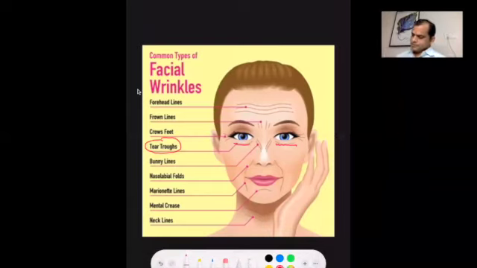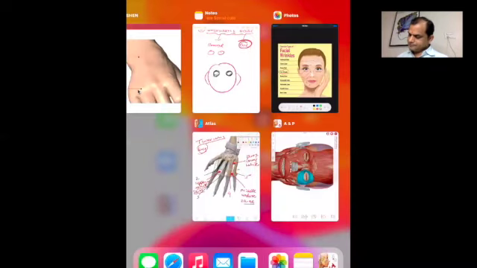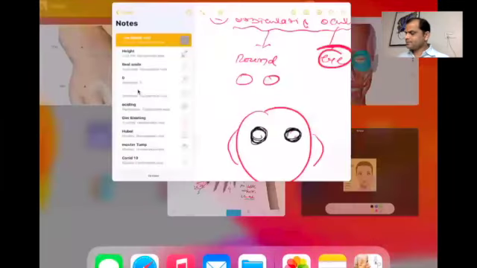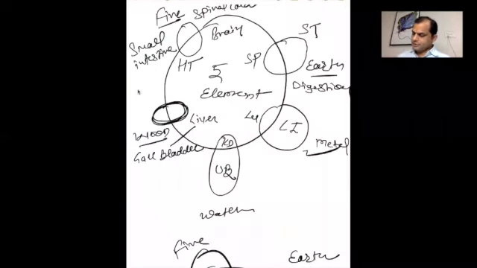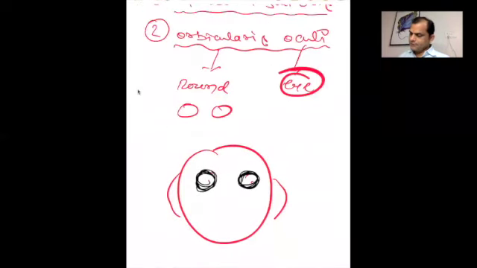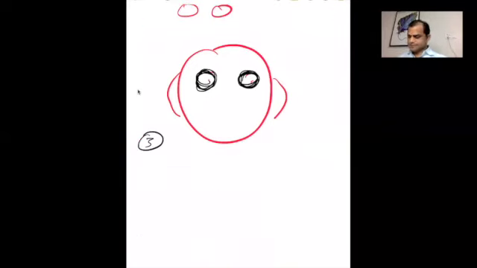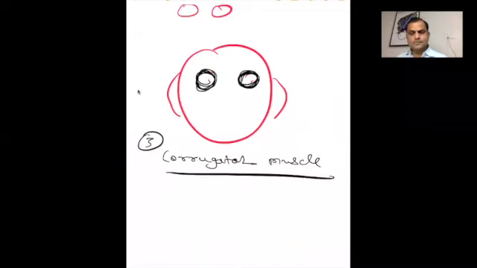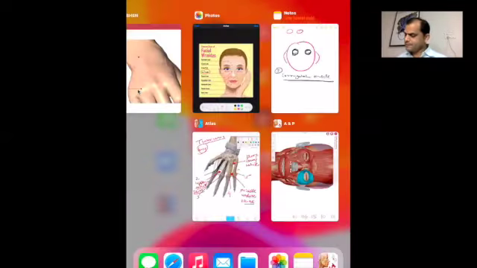Now, the third muscle that is getting affected in depression, in sadness, in the feeling of guilt, is called the corrugator muscle. Let's see the location of the corrugator muscle here.